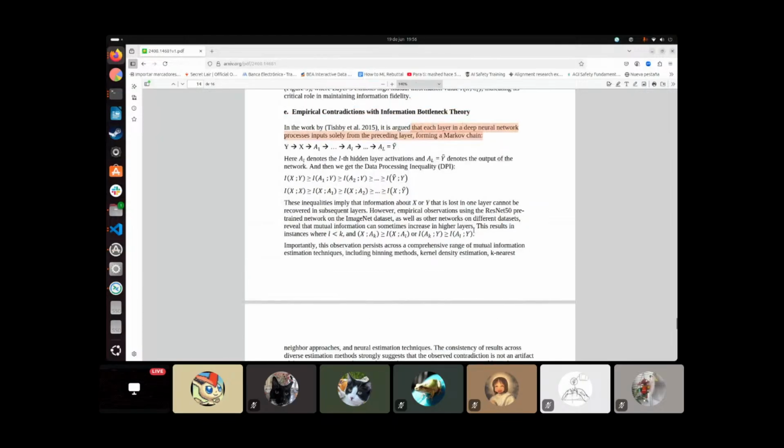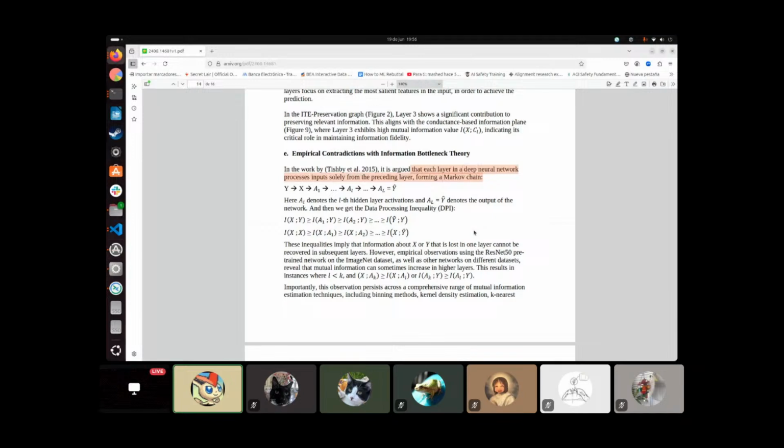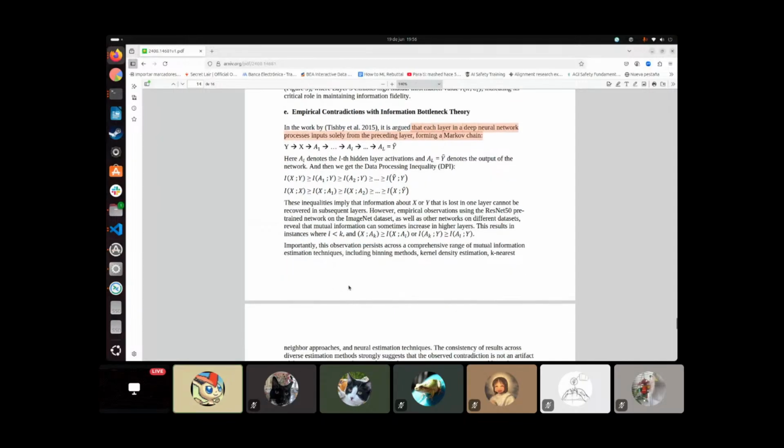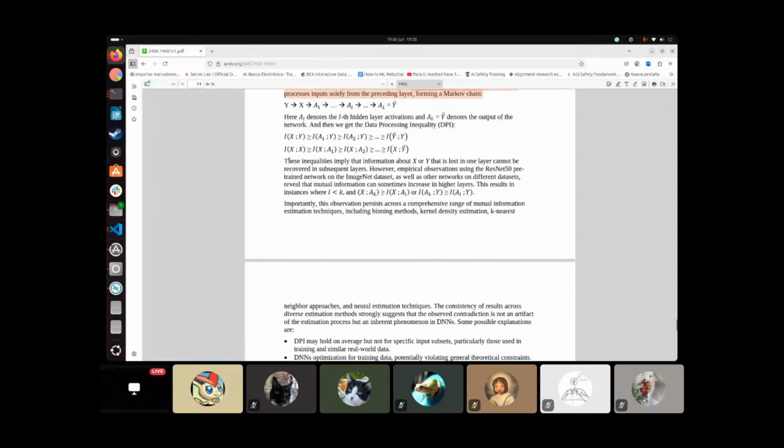But in some sense, yeah, but I mean you don't have skip connections, but in practice you have the input from the previous layer also coming to the layer before. That was what they mean. These inequalities imply that the information about X or Y that is lost in one layer cannot be recovered in subsequent layers.